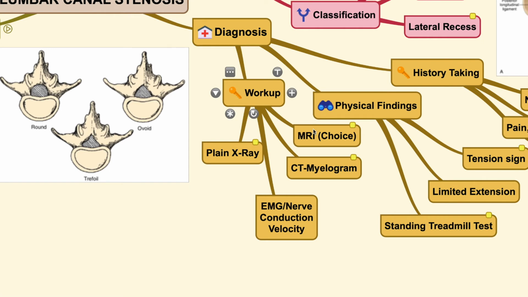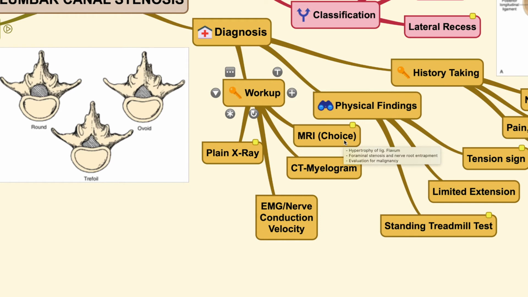Okay, the next thing would be MRI. MRI is good because it helps you identify any hypertrophy of the ligamentum flavum, foraminal stenosis, and also nerve root entrapment.